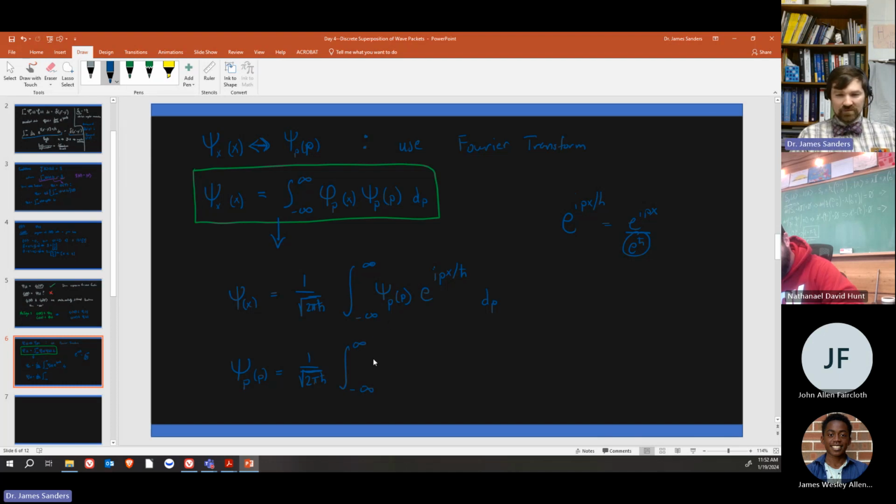Basically you would do your psi sub x of x and e to the negative i px over h bar dx. Again, this would be akin to an inverse Fourier transform. It undoes the Fourier transform.